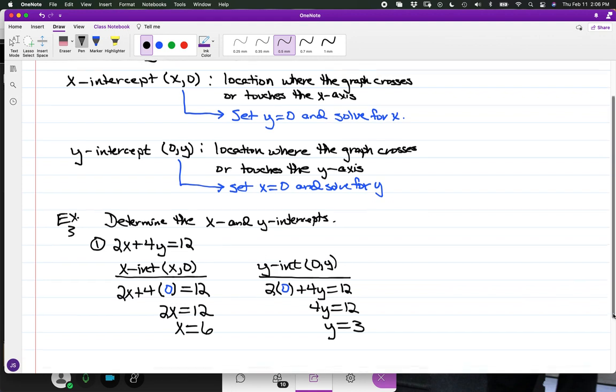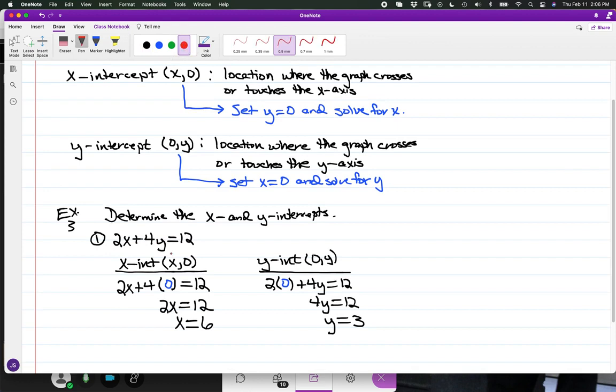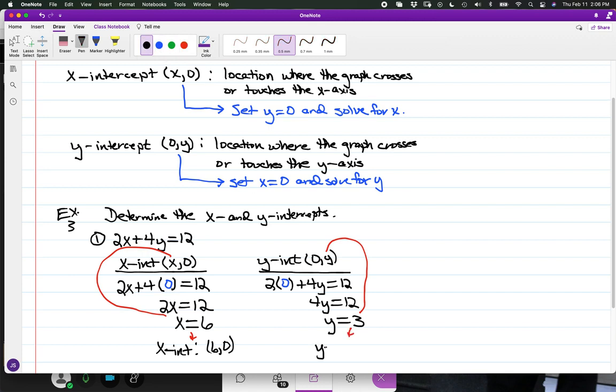Expressed in coordinate fashion, the x-intercept is at 6, 0 and the y-intercept is located at 0, 3.